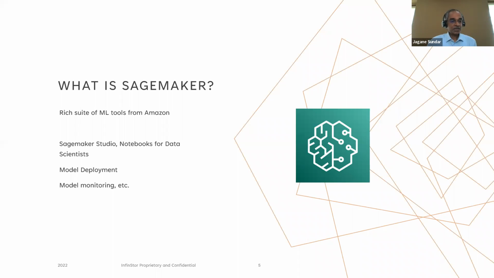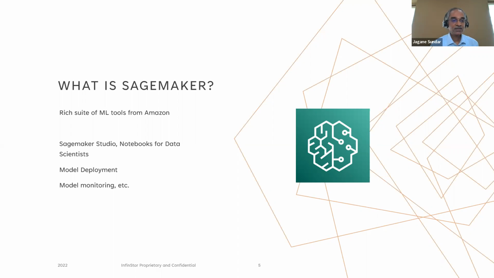So what is SageMaker? As I mentioned, it's a rich suite of tools from Amazon for the ML purpose. On the front-end side, for data scientists, they have the studio and notebook instances. Model deployment is very well fleshed out in SageMaker. As you can imagine, the cloud started with EC2 instances from Amazon. That was the genesis of the cloud as we know it.